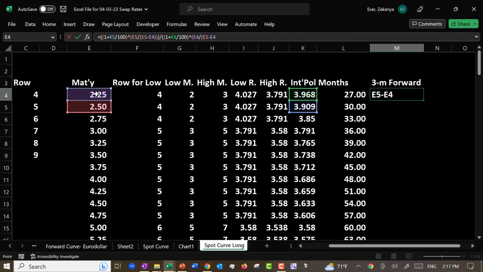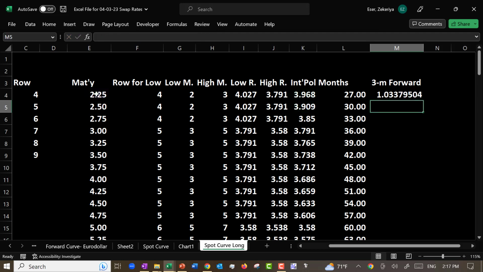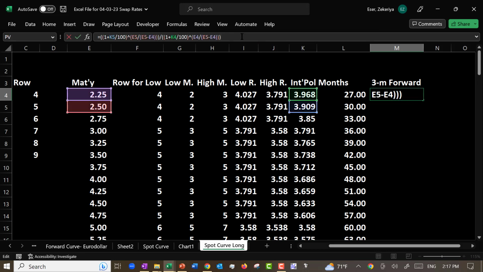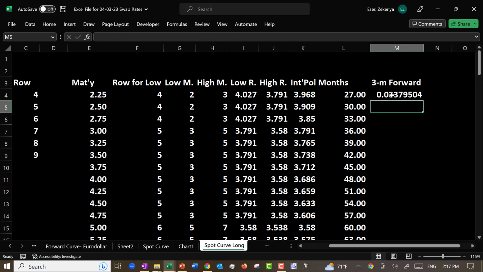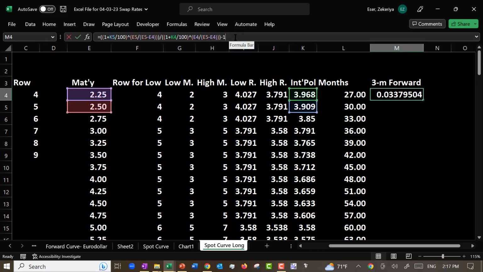Covers that, covers that, covers that. This is just 1 pluses, okay? And minus 1. Since I'm doing these already in percentages, I'm going to multiply that by 100. So 337.